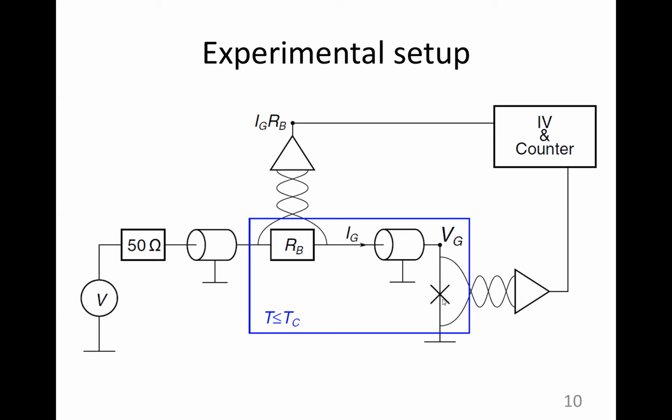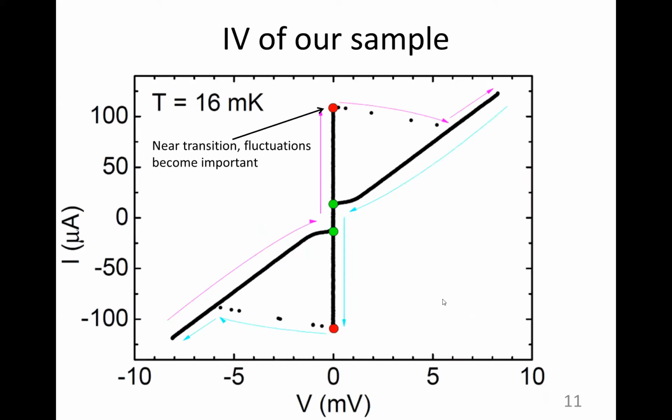So we just force the current through our system, through our sample, and we measure the voltage drop across the sample. And if we do that, we will obtain such a thing. So we have a superconducting branch that is in the middle of the graph. So we can force some current through our sample without observing any voltage drop. So this is the state of zero resistance.